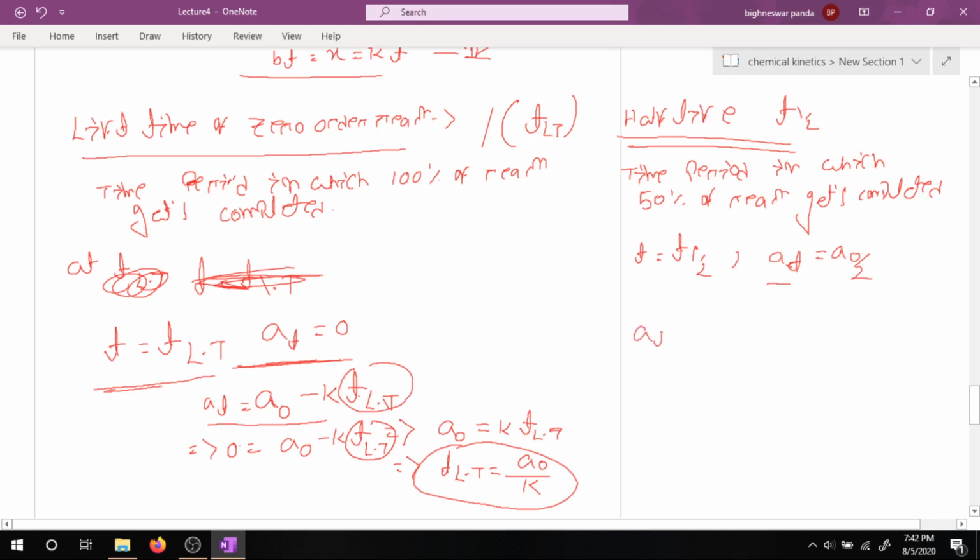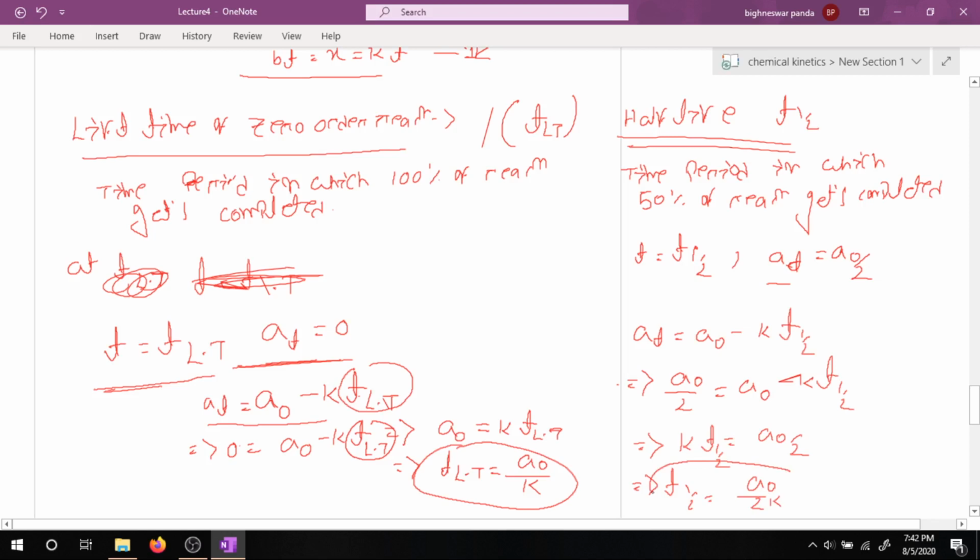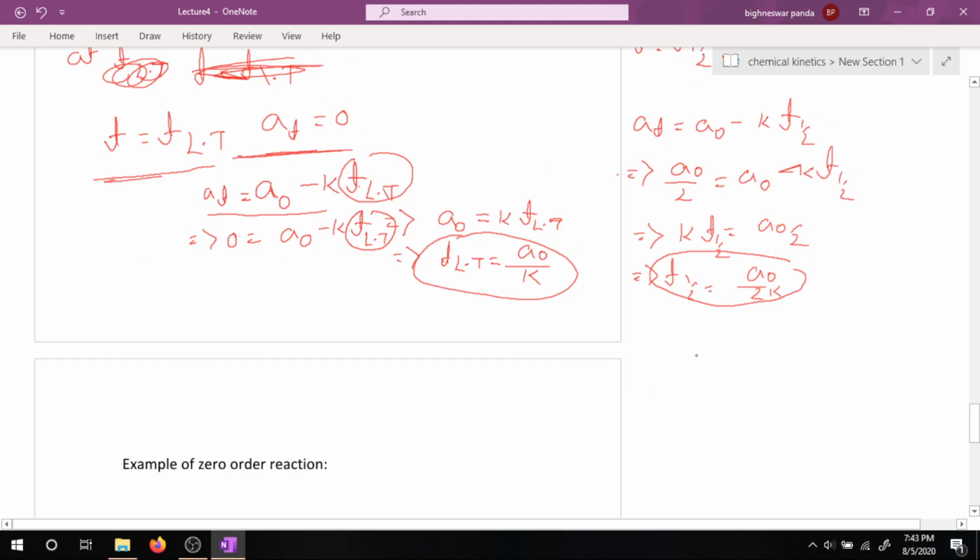From equation 3, I have At is equal to A naught minus Kt, and the value of At is A naught by 2, so A naught by 2 is equal to A naught minus Kt half. So Kt half is equal to A naught by 2, and t half is equal to A naught by 2K, and this is the half life. From this I can get a conclusion.